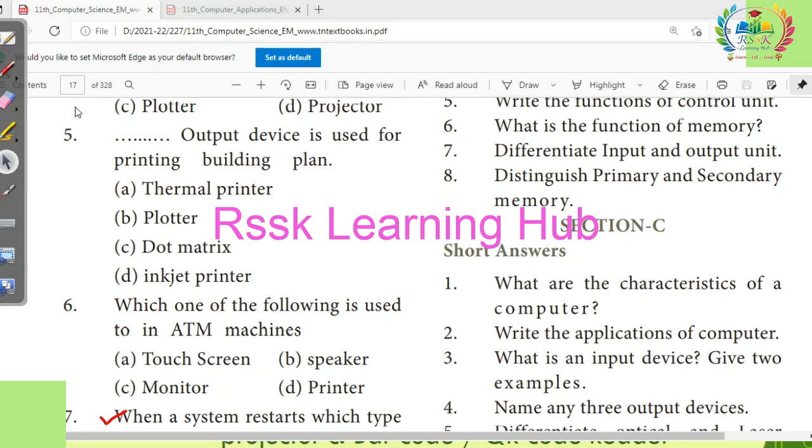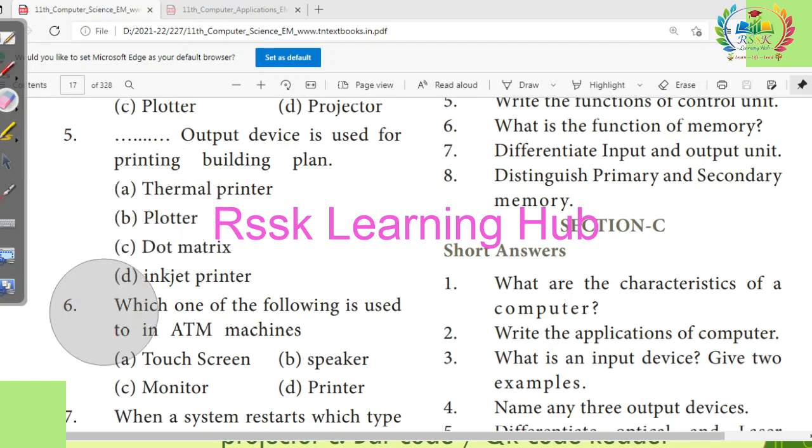It is plotter. Okay. Next one: which of the following is used in your ATM? Yes, very good. Touch screen will be there in ATM machine.